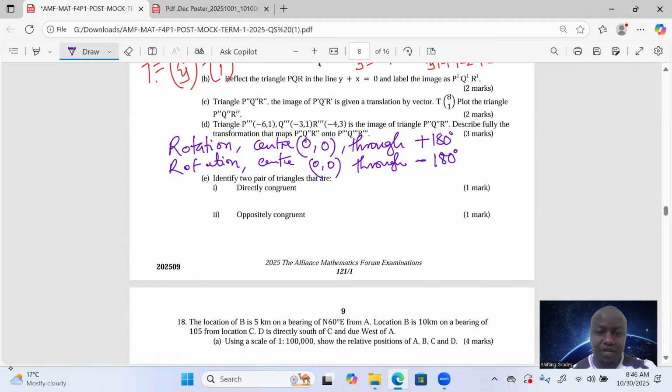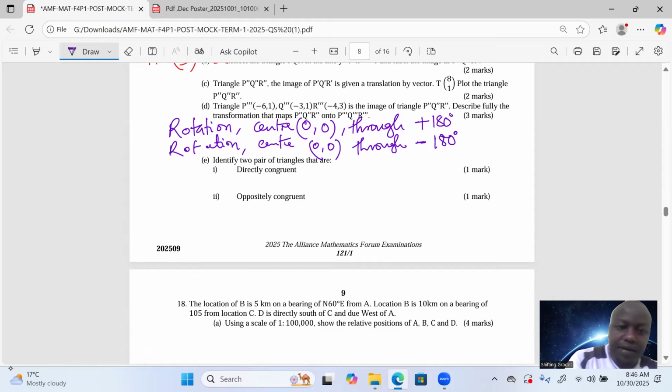And again, something that you're supposed to note is that this is the same as an enlargement. This could still be an enlargement. With an enlargement, we talk about center and scale factor. Center 0, 0, and scale factor negative 1.